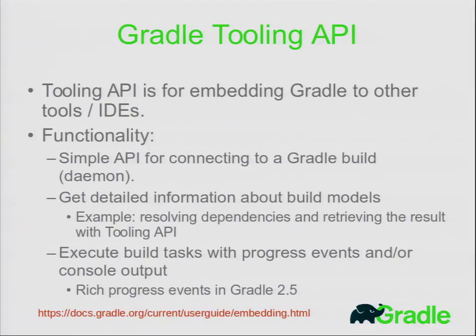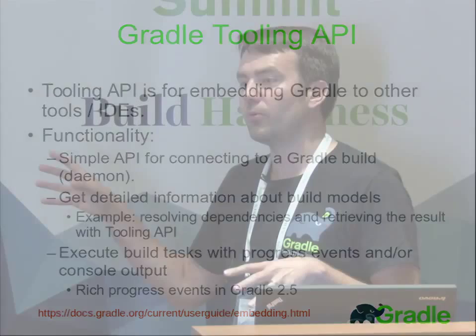It's possible to get detailed information about build models, and you could even provide your own models that get returned to your client side. So you could have some logic within a Gradle plugin that does something, and then it returns some kind of result to the client side.